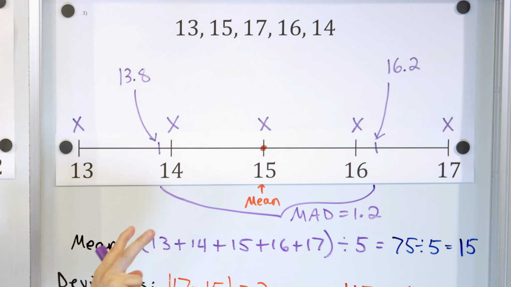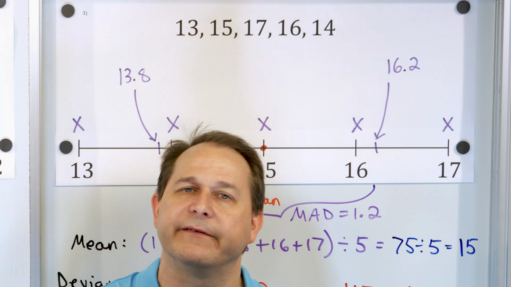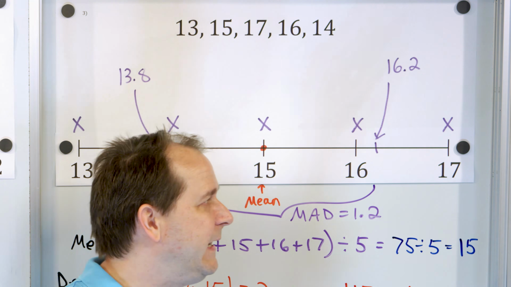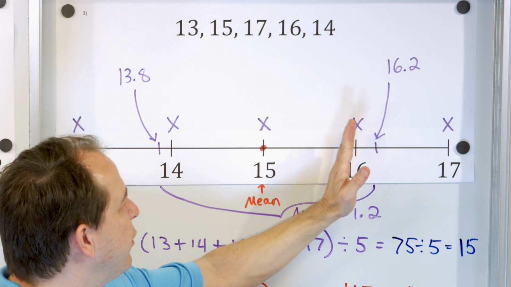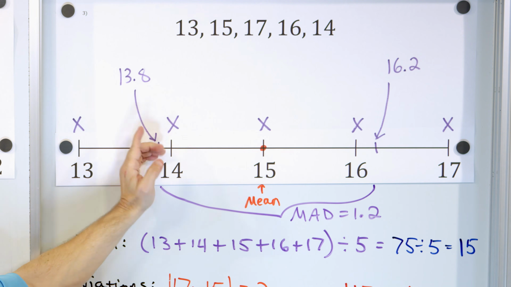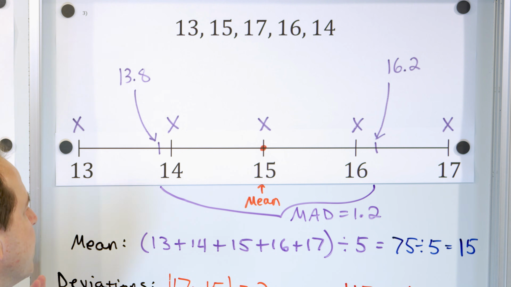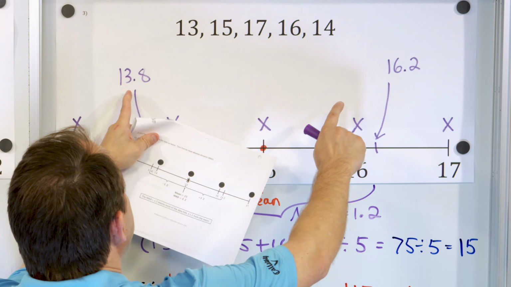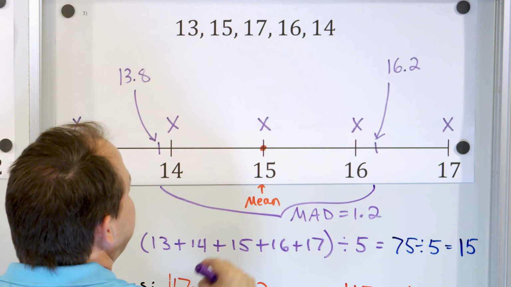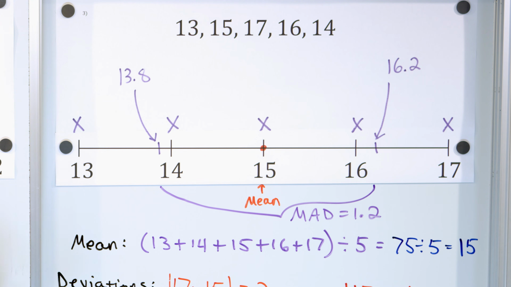That means that most, quote unquote, most of your data is going to fall between plus 1.2 and minus 1.2 about the mean. So if we start at the mean and we go 1.2 units up, that's 16.2. And if we go down 1.2 units, that's 13.8. So most of the data is going to fit between 13.8 and 16.2. And we actually do have 3 of the 5 data points that do fit in that boundary there.